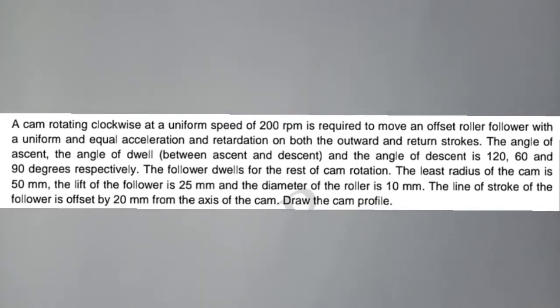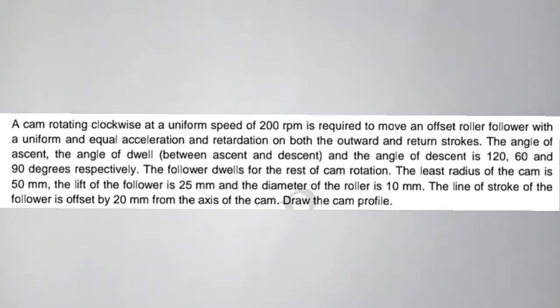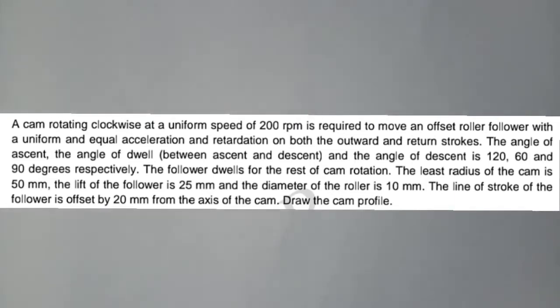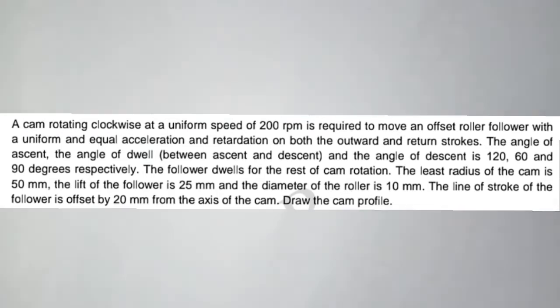The follower dwells for the rest of the cam rotation. The least radius of the cam is 50 mm. The lift of the follower is 25 mm and the diameter of the roller is 10 mm. The line of stroke of the follower is offset by 20 mm from the axis of the cam. Draw the cam profile.